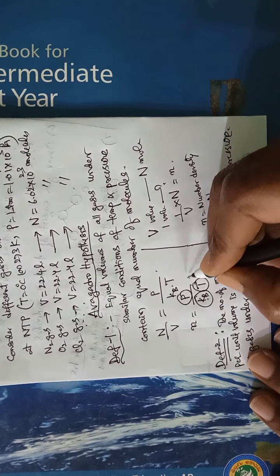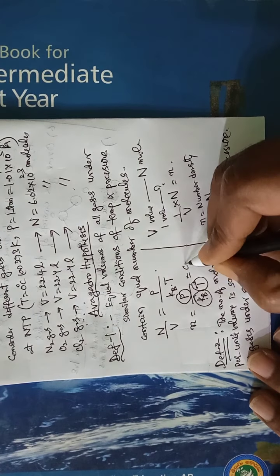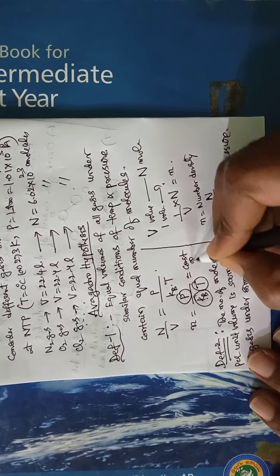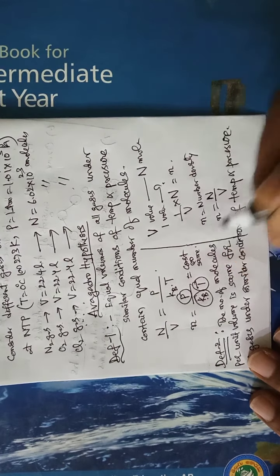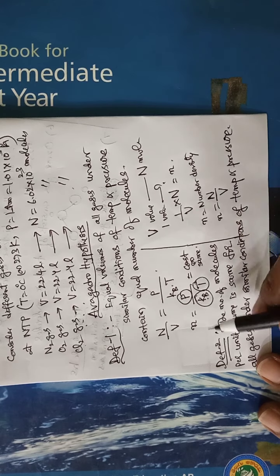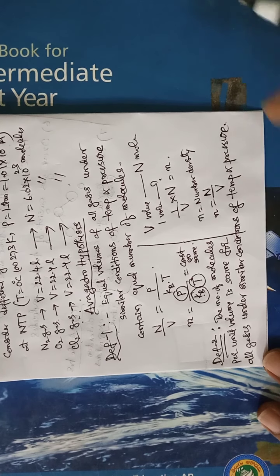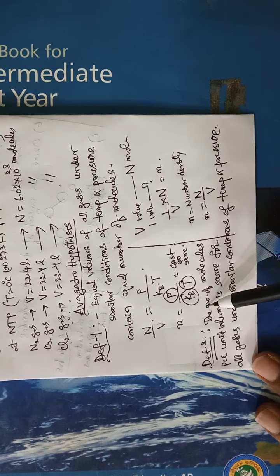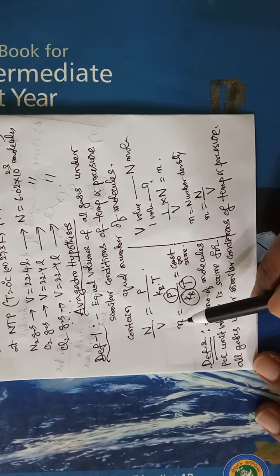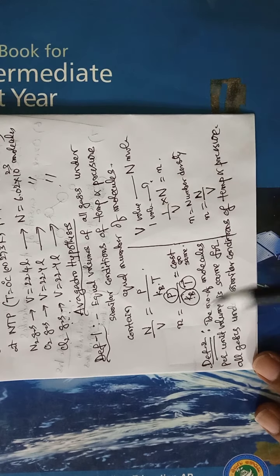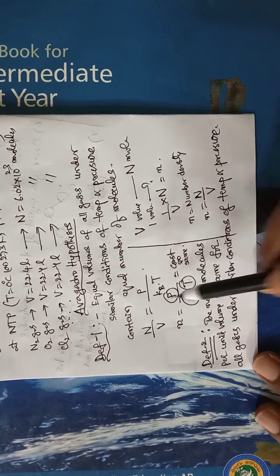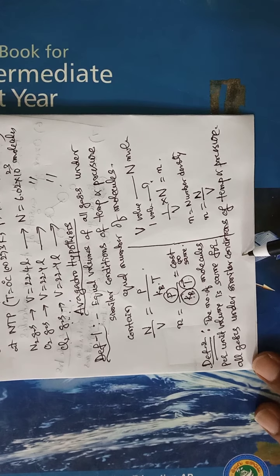Since all these are fixed, you can write this is equal to constant or same. Now the same thing is given as a second definition for the Avogadro hypothesis. How do you see it? The number of molecules per unit volume is the same for all gases under similar conditions of temperature and pressure. This is known as the Avogadro hypothesis.